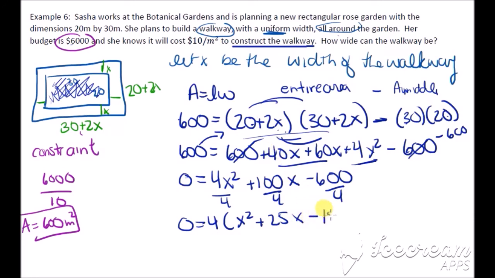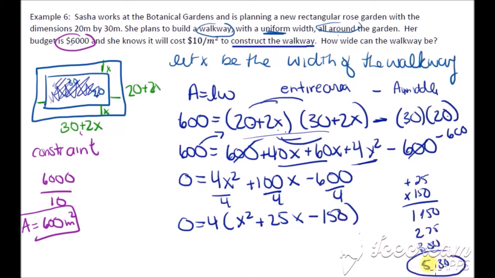So now what two numbers multiply to 150 and add to 25? 1 and 150, 2 and 75, 3 and 50, 5 and 30. Yeah, 5 and 30 work. And we're going to put the negative on the smaller number.